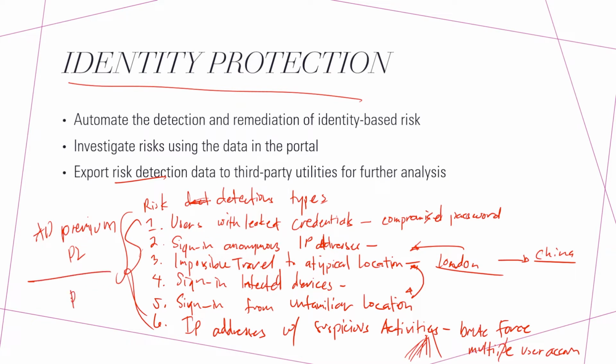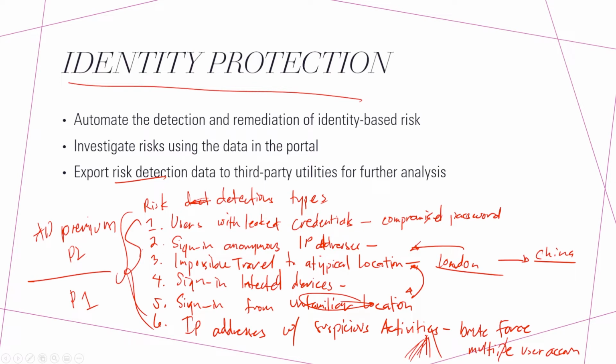But if you have P1, you may not get some of these advanced detections, such as the unfamiliar sign-in. That's considered an advanced detection. You won't get that if you have a P1 license.